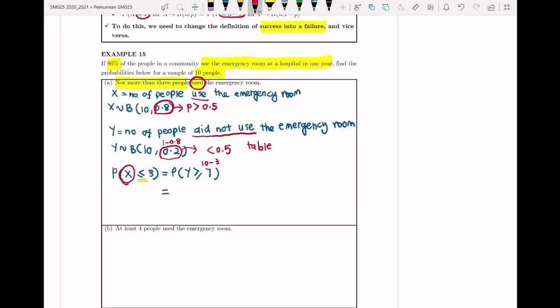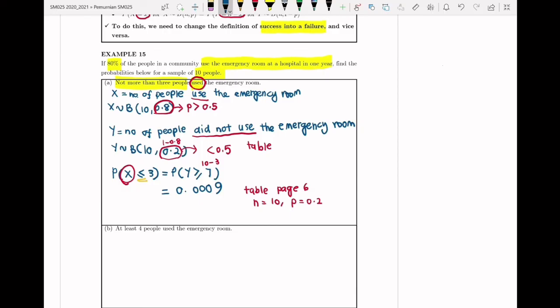Using the table, page 6, with n equals 10, p equals 0.2, for Y greater than or equal to 7, we get the answer 0.0009.